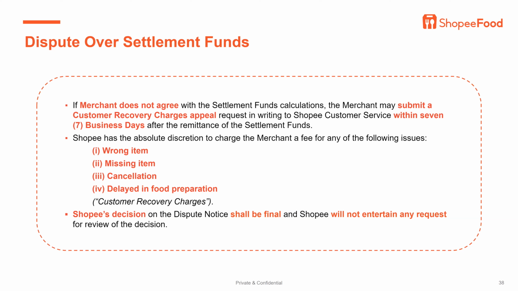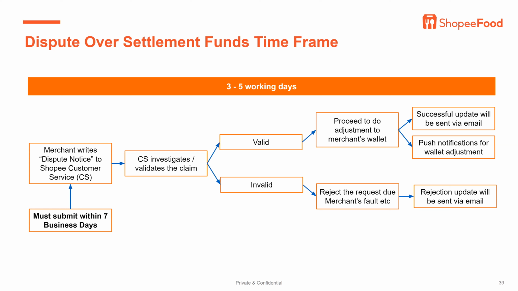All right, so this is the time frame for how long it takes to resolve your settlement fund. You can write to us and submit within 7 business days. You can write a dispute notice to our customer service, and we will definitely investigate and validate the claim.